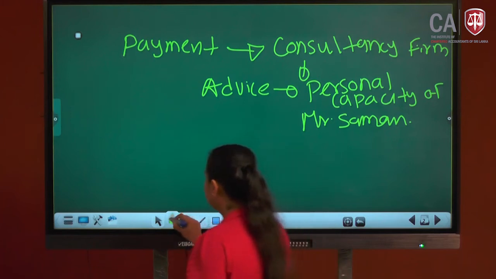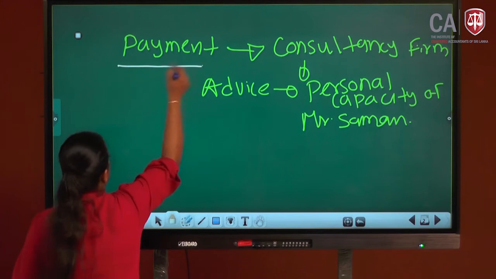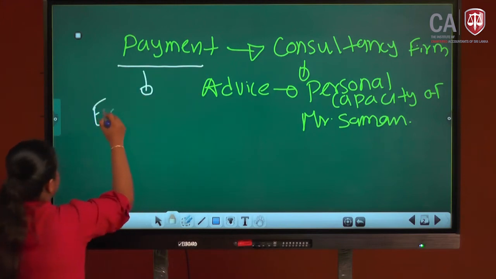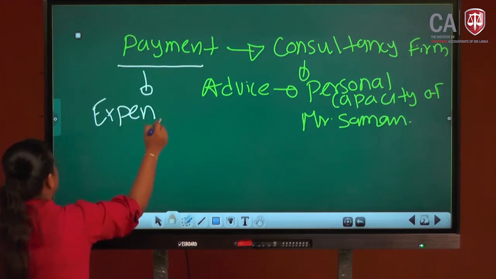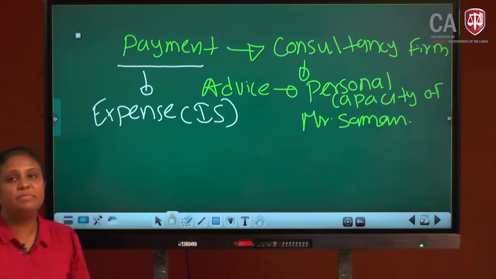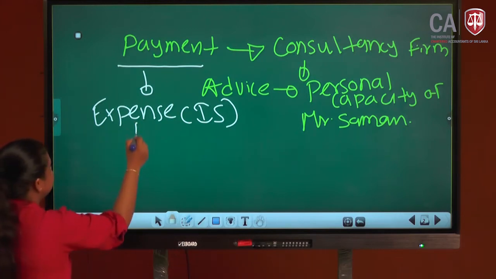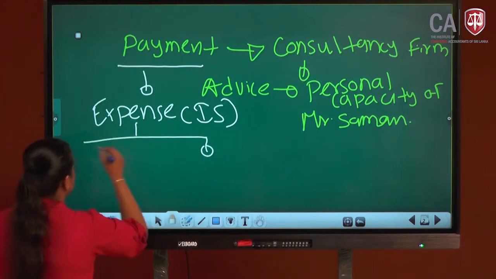Now to deduct the expense, it has been charged to the income statement. From the tax perspective, to deduct the expense, what are the criteria to be satisfied? There are two.